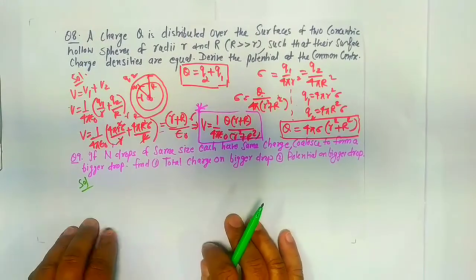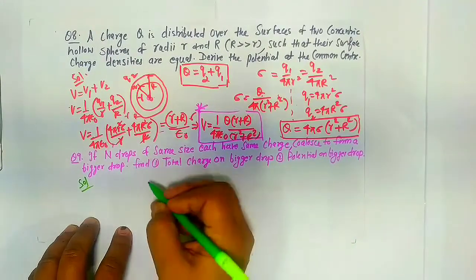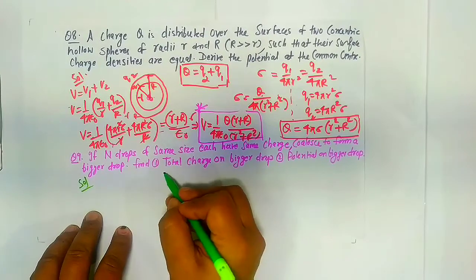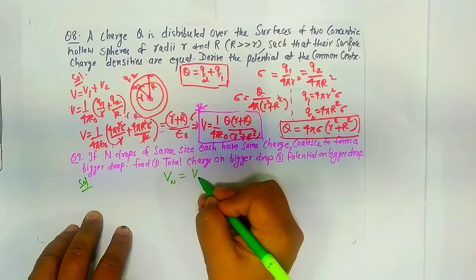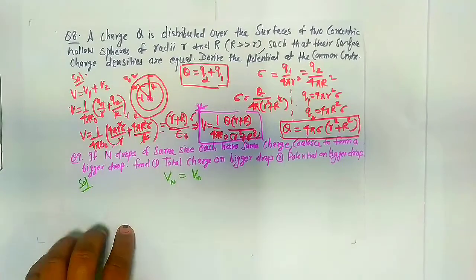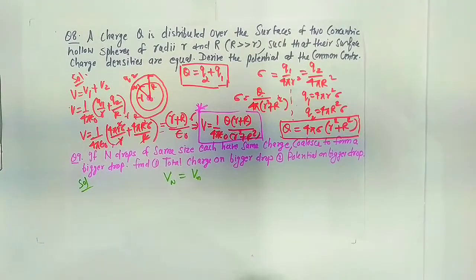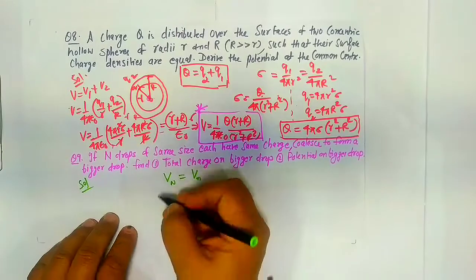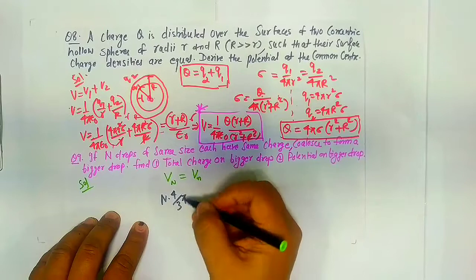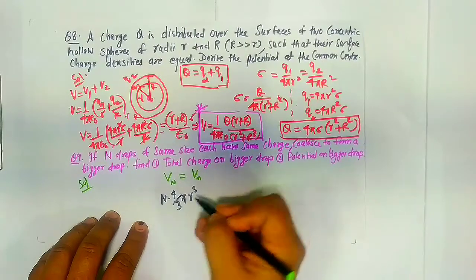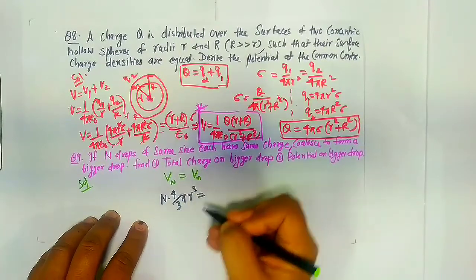Do you know what the case was when you take it? You know that the volume remains the same. The volume of n drops will be the volume of the bigger drop. So what was the volume? The volume of n small drops will be n times 4 by 3 pi r cube. This is the n drops when you turn.